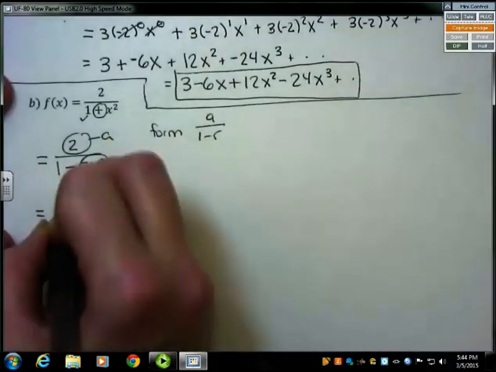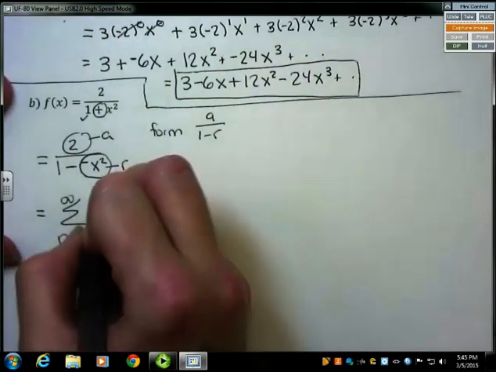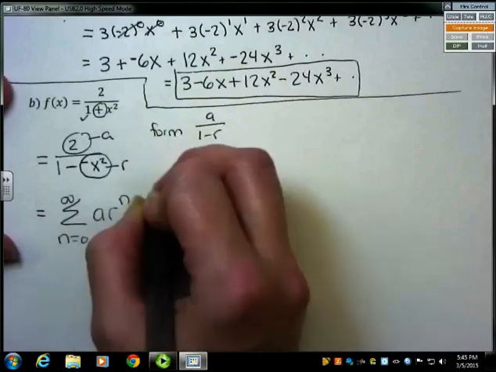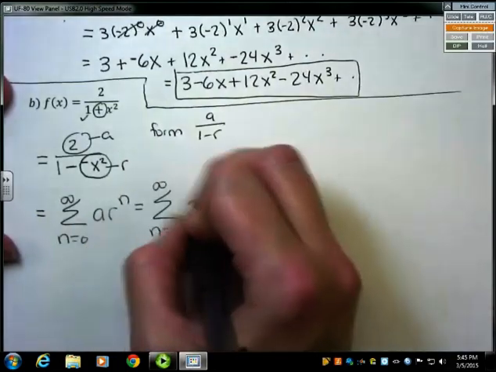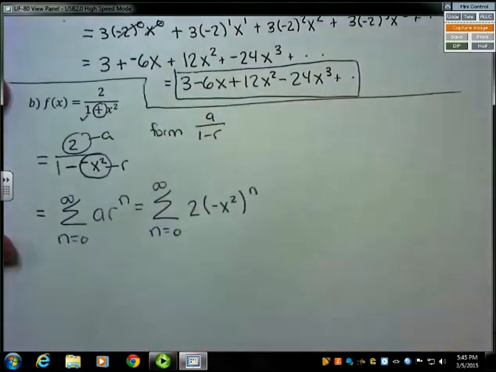I know this can be written in the form from 0 up to infinity of a times r to the n. Our a is 2, our r is negative x squared being raised to the nth power.